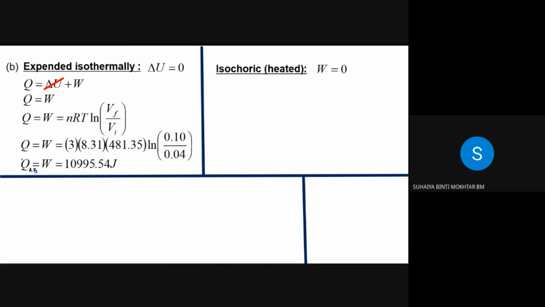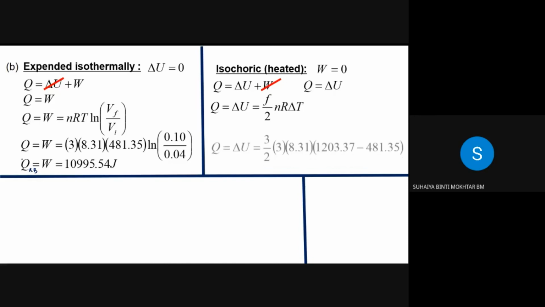Okay, so use first law of thermodynamics. So work done 0, so you get Q equals to delta U. Okay, then calculate. Use equation delta U equals to f per 2 nR delta T. f equals to 3 for mono, and R 8.31 and n kita 3, okay, 3 moles. Okay, and delta T final minus initial. So you get positive.